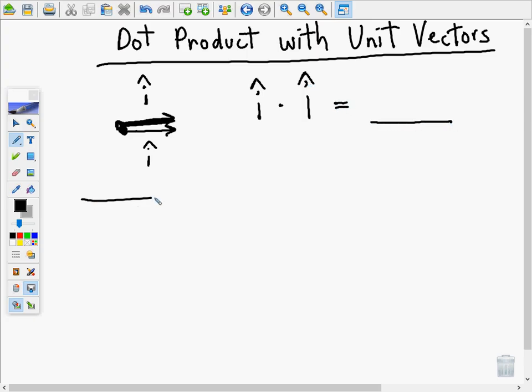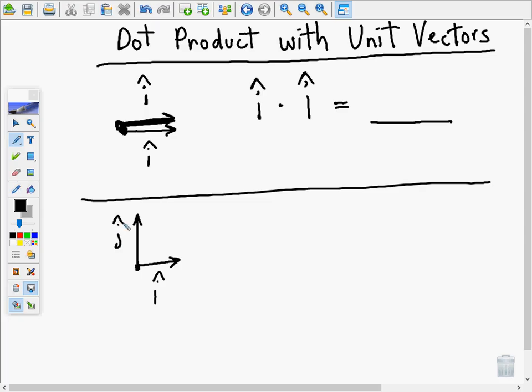That's the first one. The second one, you're going to figure out the dot product between unit vector I and unit vector j.